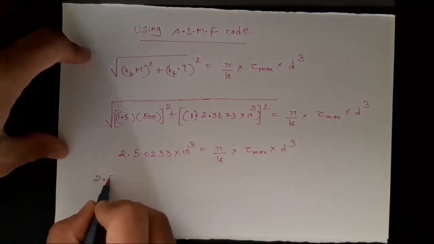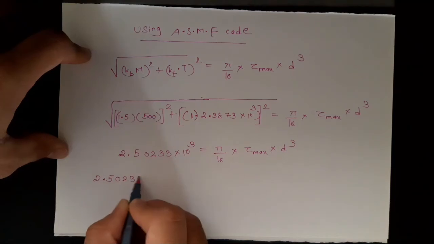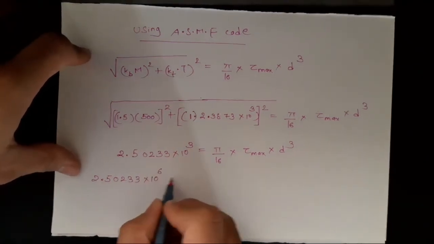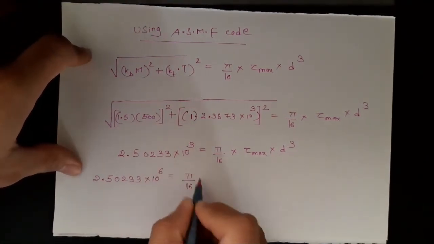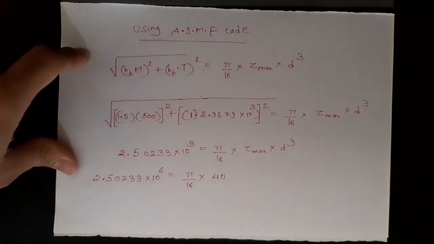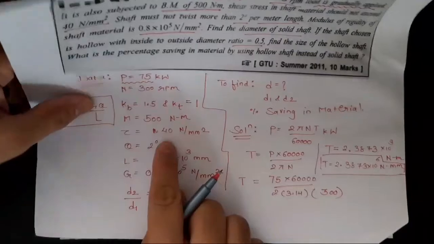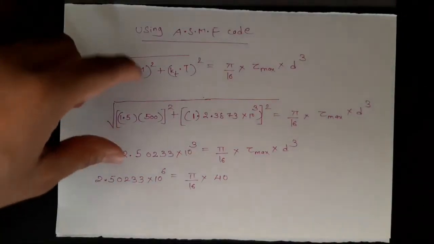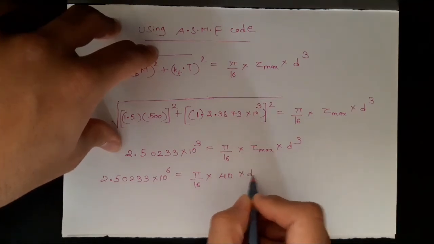So it is 2.50233 into 10 raised to 6 equals pi by 16 into tau max, that is 40, because it is given here that tau equals 40 Newton per mm square, into d cube.